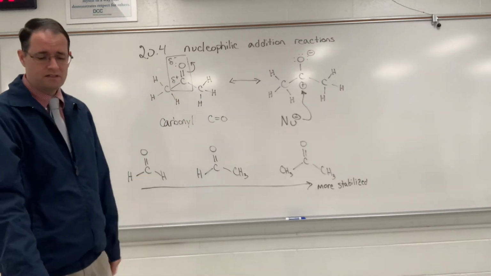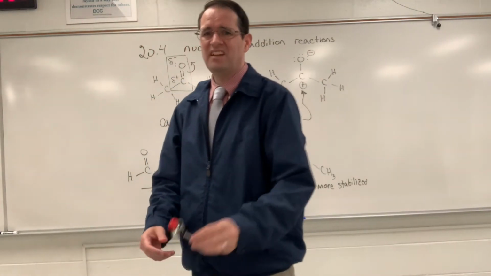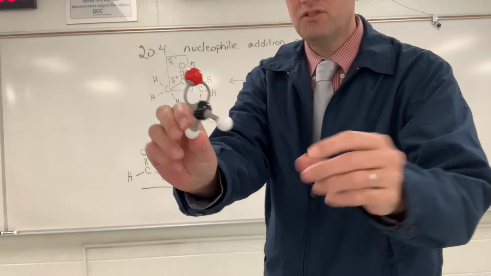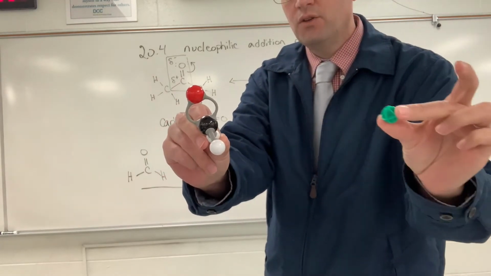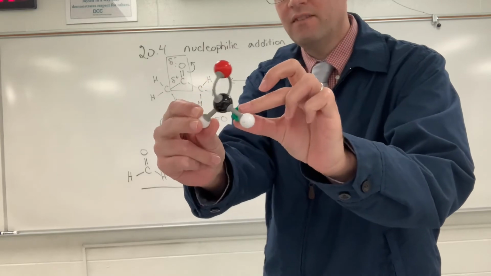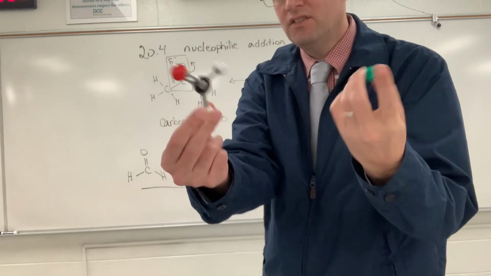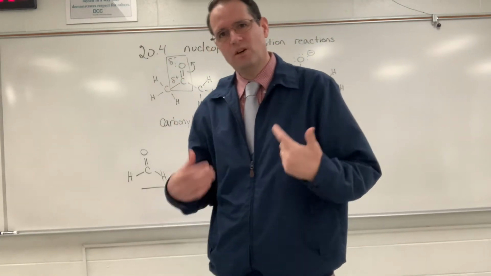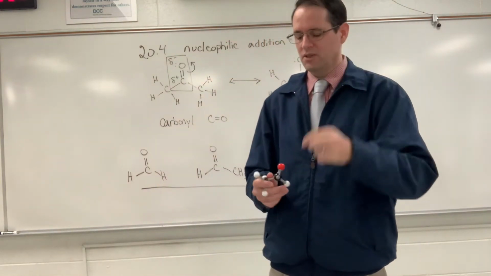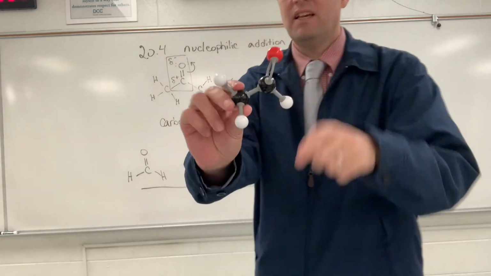Another thing that we can discuss with these molecules is sterics. So here's formaldehyde. We just have two small hydrogens here, and this green thing is a nucleophile that needs to attack the carbon atom. It can do that very easily because hydrogens are very small groups that don't sterically hinder approach of the incoming nucleophile. Okay, here's acetaldehyde.